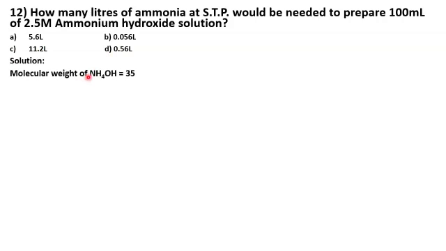So the molecular weight of ammonium hydroxide is 35, which can be calculated by adding the atomic weights of nitrogen, hydrogen and oxygen present in the molecule.